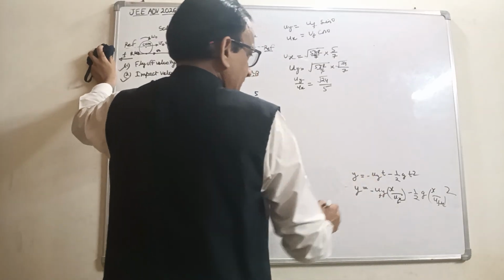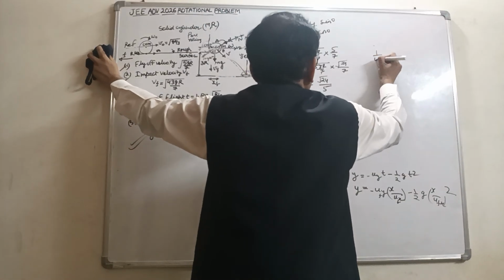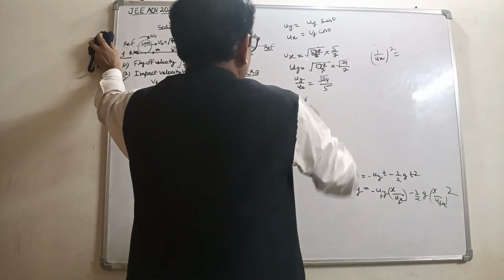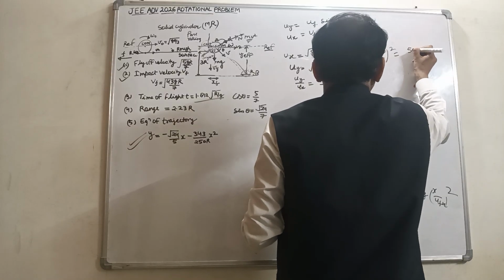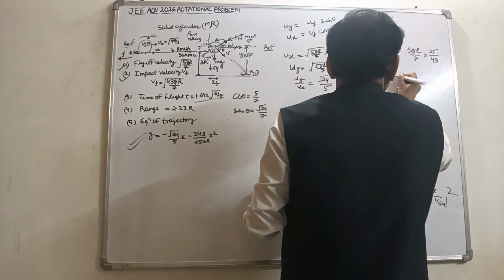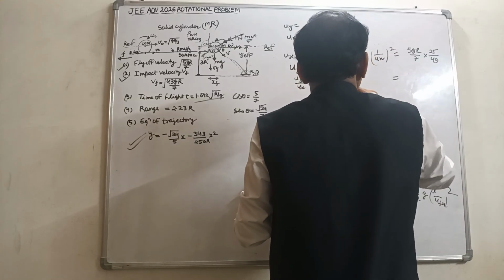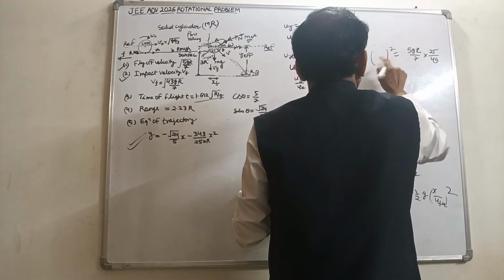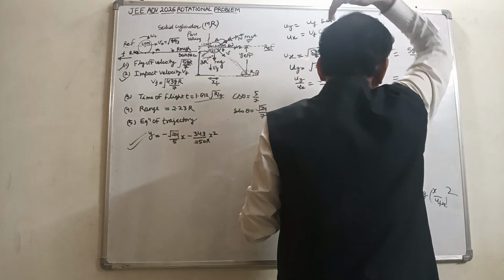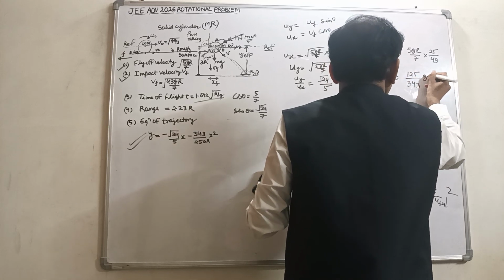On squaring, 1 upon ux square: ux square is 5gr by 7 into 25 by 49, so this becomes 125 upon 343 gr.